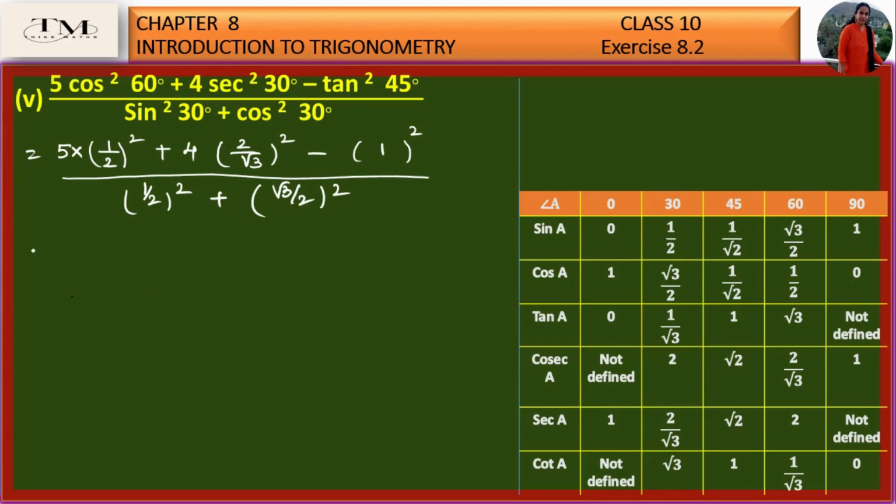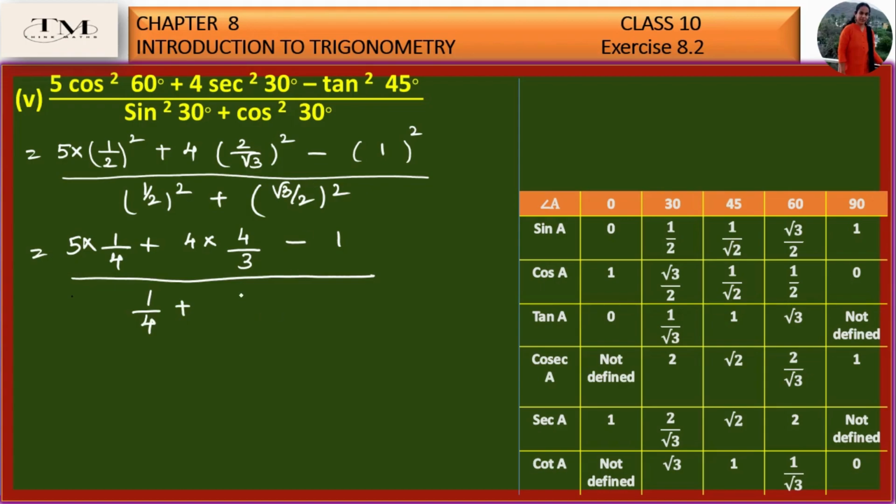These are the values. Now we will have 5 into (1 by 2) square, which is 1 by 4, plus 4 into (2 by root 3) whole square. So 2 square is 4. Root 3 square, the root gets cancelled, so it will be 3. Minus 1 square is 1, divided by (1 by 2) whole square, so 1 by 4, plus (root 3 by 2) whole square.